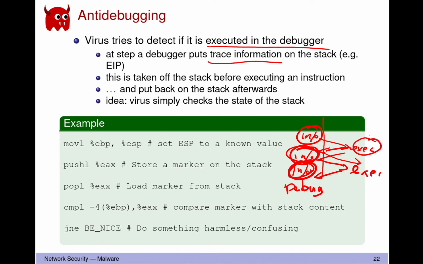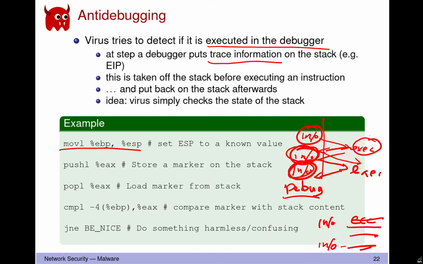And if it has changed, then I'm in a debugging environment. In a regular environment, when I have these lines of code and I write something here in the information space and I read it later, it should still be the same. But if I'm debugged, then this information is modified by somebody else that is controlling my execution, so there's a debugger running.